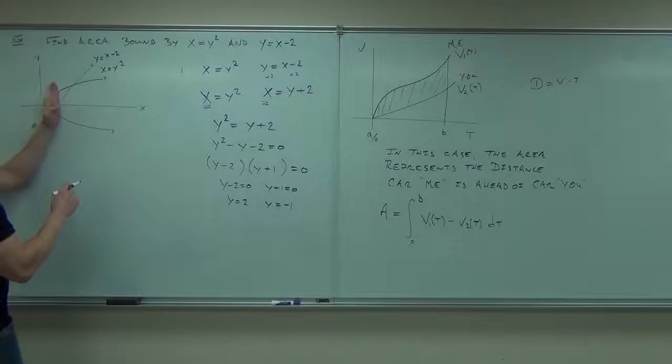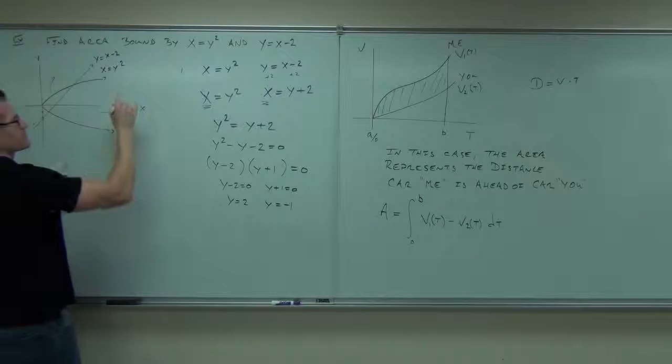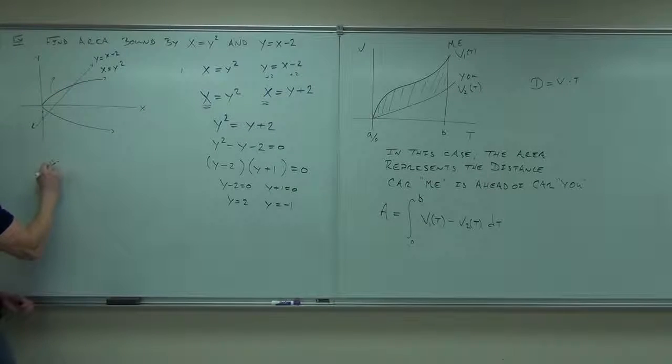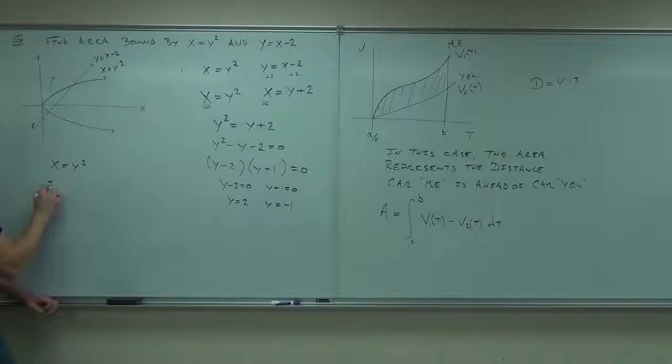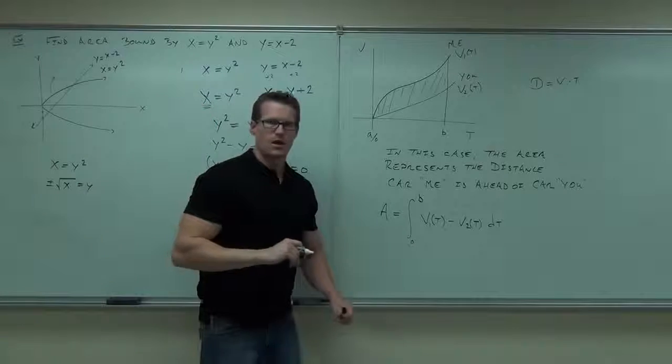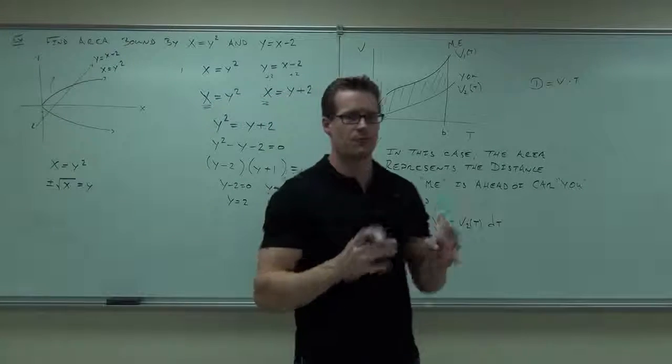If I'm talking about functions this way, I think of this as, oh my gosh, well, if I solve this one, x equals y squared, if I do solve that for y, I get plus or minus the square root of x equals y. Do you follow me on that? Because look, if you're going to integrate, you have to have functions in terms of x.